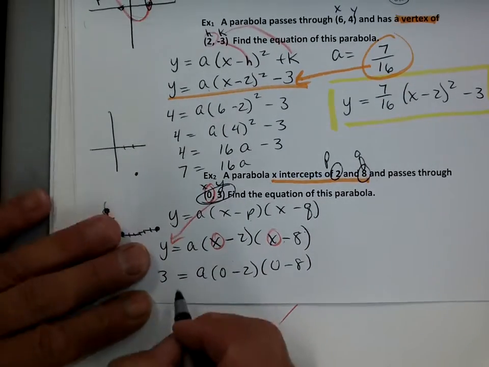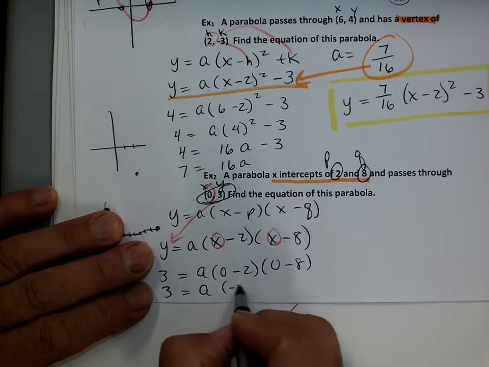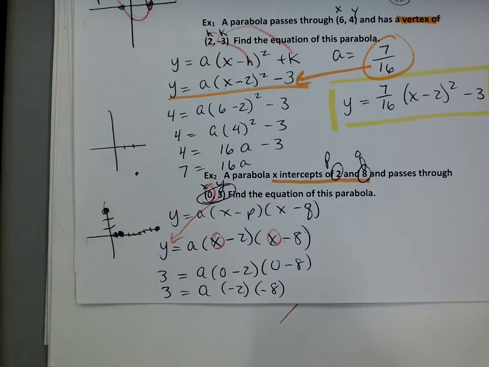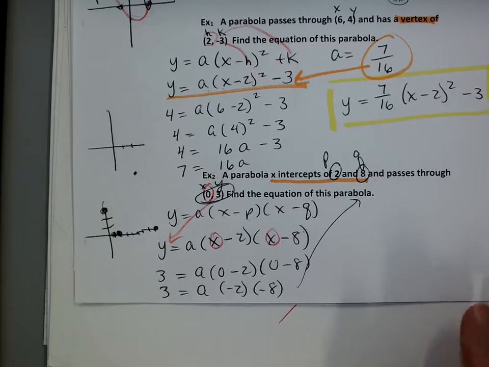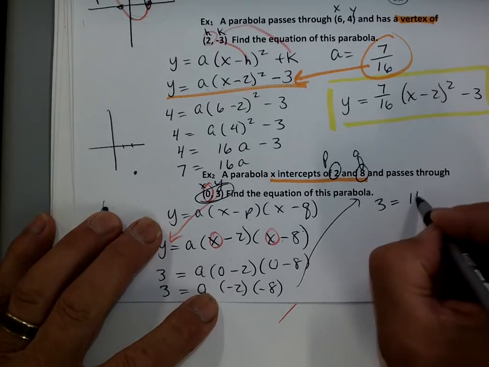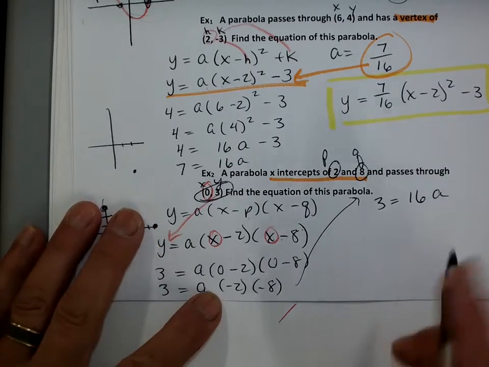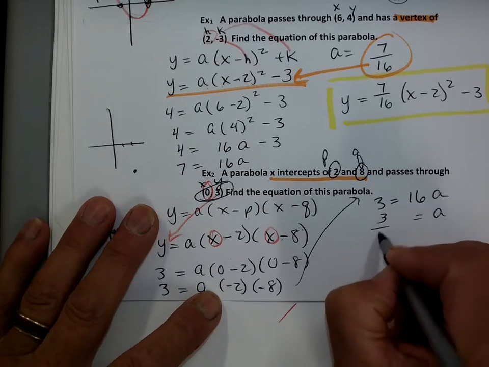Okay, I've got 3 equals a times -2 times -8, right? I'm running out of room, so I'll scoot it up here. I'm going to have 3 equals 16a. Divide by 16, and a is going to be 3/16.